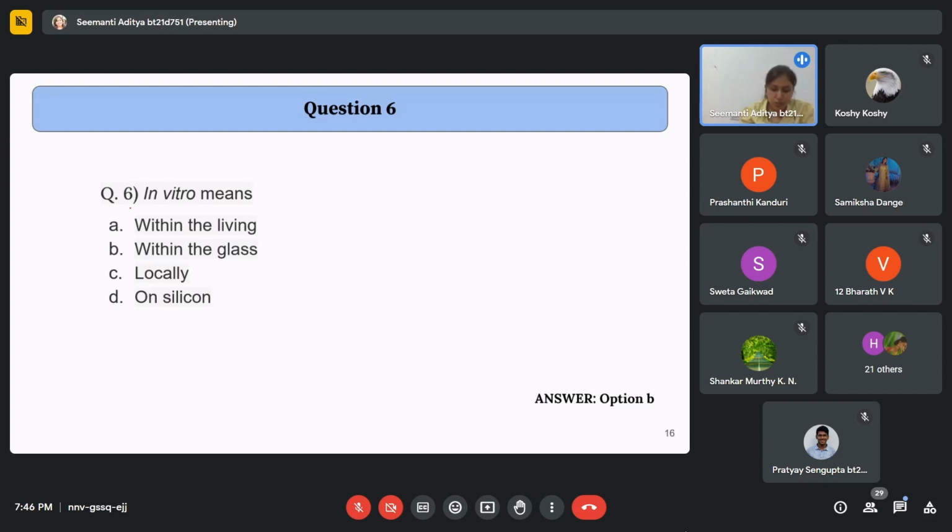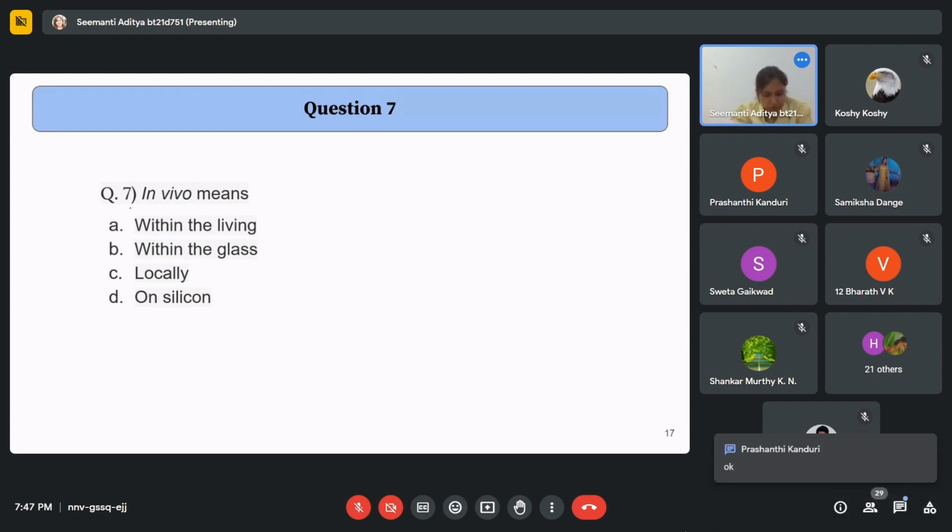It is not only in glass, just the term, because when it was first coined, it meant they were doing it in glass dishes or glass test tubes. But nowadays we do it in plasticwares, in order to reduce cost and also to avoid the chances of glass breaking and hurting. So yeah, now the next question again.